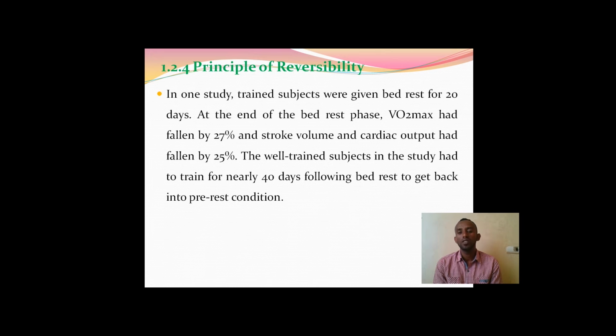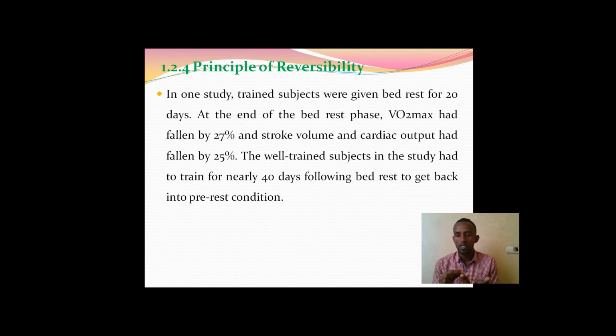And the well-trained subjects in the study needed nearly 40 days of training following the bed rest to get back to their pre-rest condition. Now assume there was training, then rest, and then retraining.